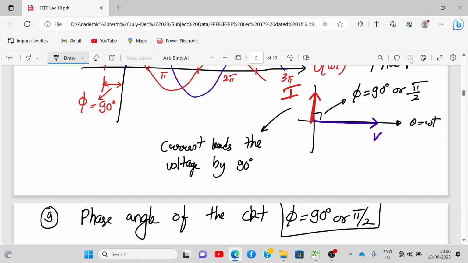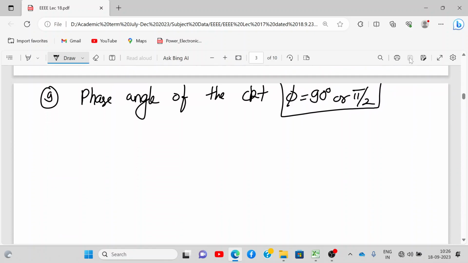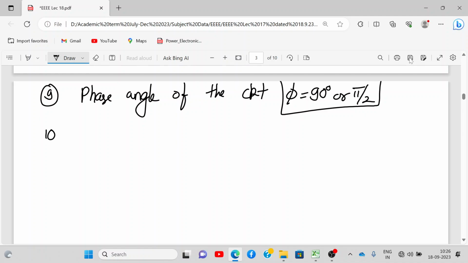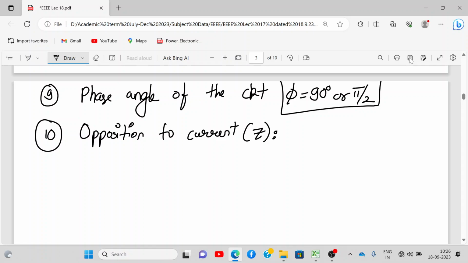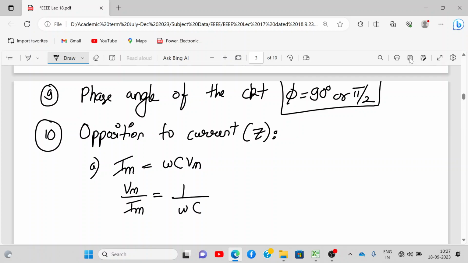Alright, now we'll correlate and find what will be the impedance of the circuit, Z. So write down opposition to current in a capacitive circuit. Opposition to the current Z. So what it will be? First of all, what is Im given by? omega C Vm. So what will be Vm upon Im? 1 upon omega C, right?